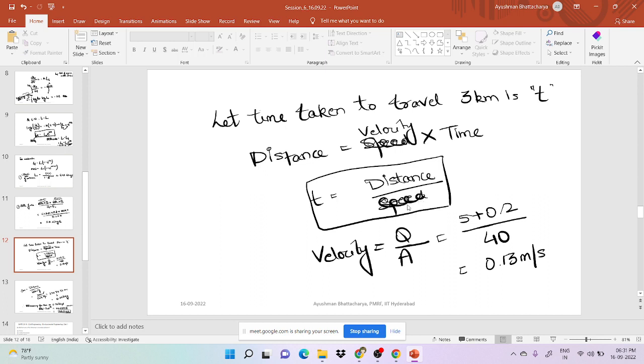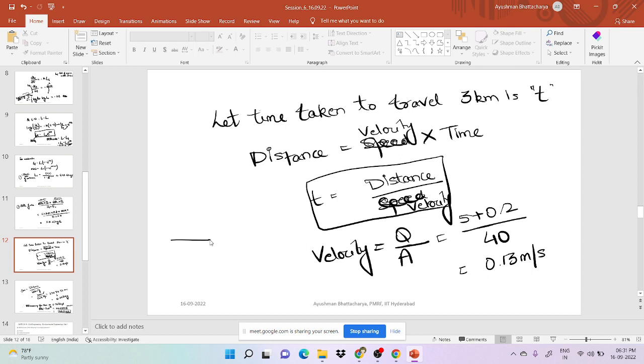So time is distance by velocity, and velocity is equal to Q by A, we know. For Q, the discharge, we took 5 plus 0.2 because downstream, after merging, both the wastewater and the stream are going downstream.